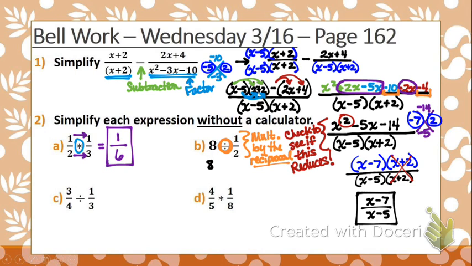This is going to turn into multiplication here. And I'm going to take this fraction and flip it over. What do I get when I flip it over? 2 over 1. What's a better way of writing 2 over 1? Just 2. So what this question is really asking me is, what is 8 times 2? 16.